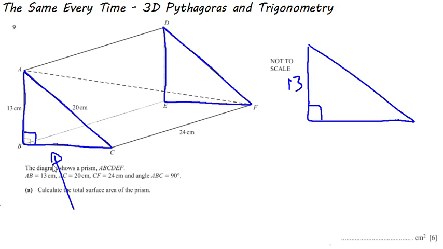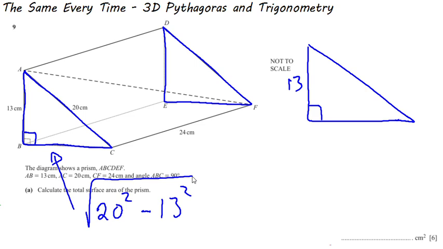Two sides are given, the 20 and the 13, and we need the missing side. It's a Pythagoras theorem question, and since the longest side, 20, is given, it's one of the shorter sides: square, square, subtract, square root.